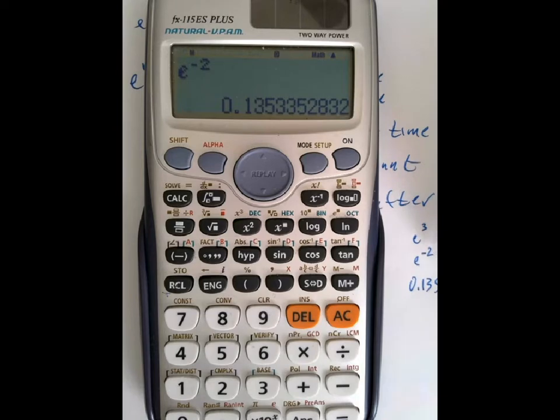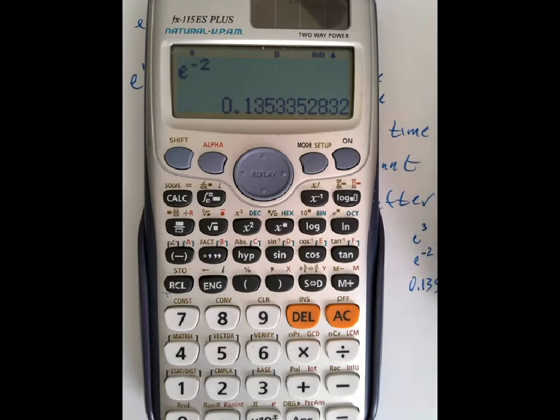So in an exponential expression, x can be negative. It's just in the log ones where x has to be positive. It can't be negative, okay? So if the exponent is positive, we're going to get a number bigger than 1. If the exponent here is negative, that's going to give us a value of less than 1.